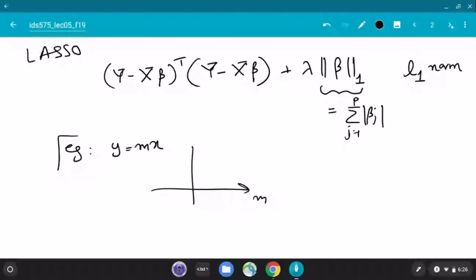If you do y minus mx, the whole square, with some summation, you can see that y and x are not variables here. m is the thing which is variable. You'll see that you'll have a parabola like this, which will be above 0, since it's a loss function, and you want to get to the bottom.